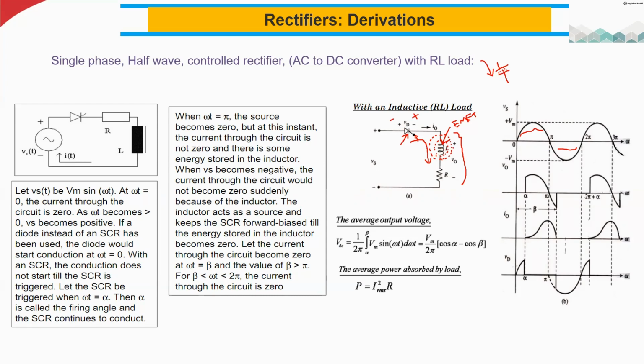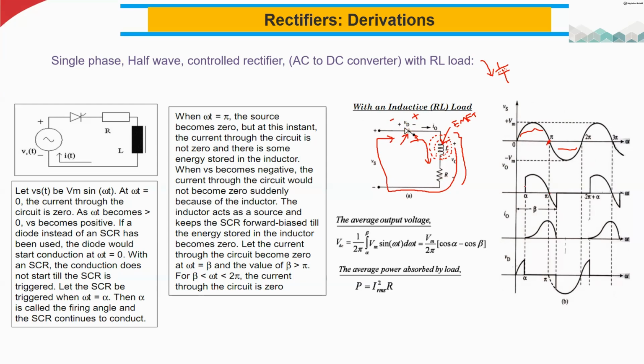It will start to discharge this magnetic field in the opposite direction. Even though the negative or reverse bias of this SCR is there, this magnetic field is a little bit stronger, so it will still drive this SCR. The SCR will conduct something. So instead of the SCR completely stopping conduction at this point, the SCR will still conduct a little longer.